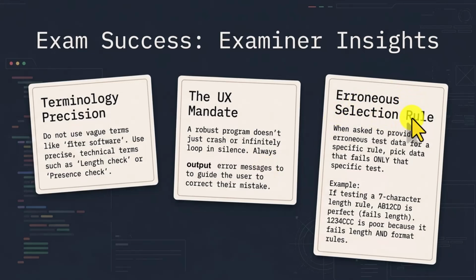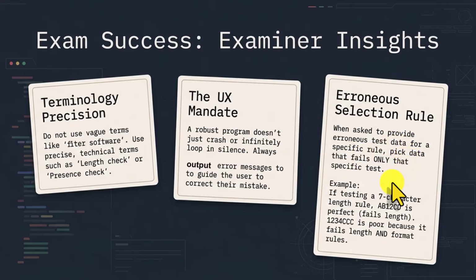Then erroneous selection rules. When asked to provide erroneous test data for a specific rule, pick data that fails only that specific test in your exam. So they will tell you, for this test, give us some examples of erroneous data. You have to write data that specifically fails only that rule, not other rules as well.